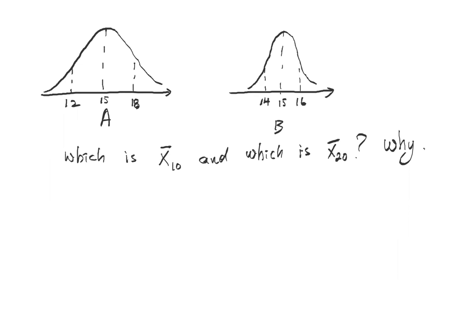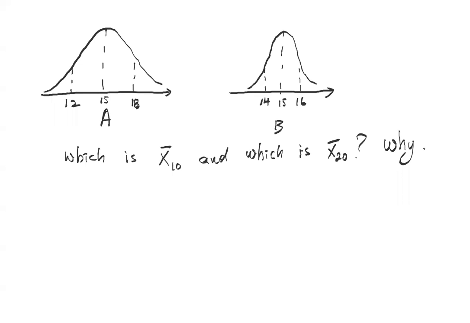So you see or not? That is how you analyze. Okay, B is for x bar 20 because 20 is greater than 10.